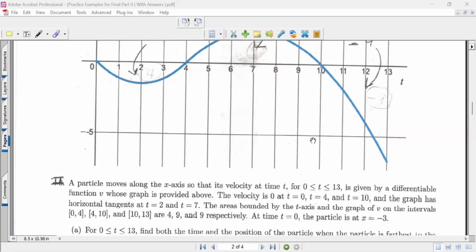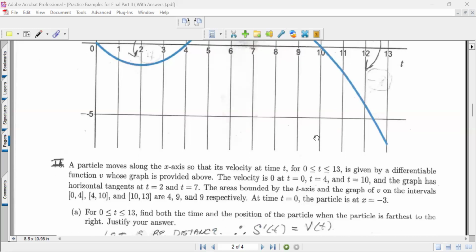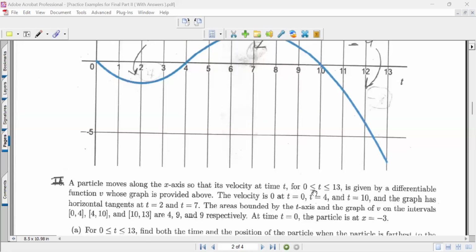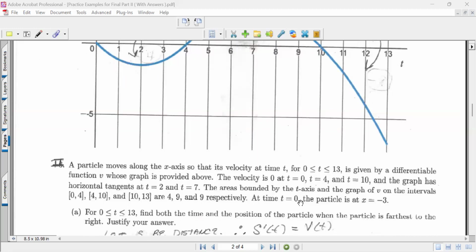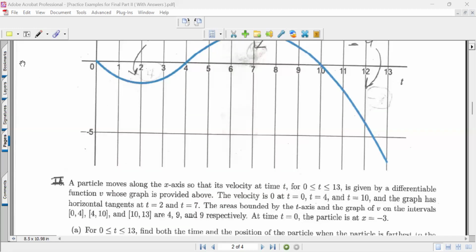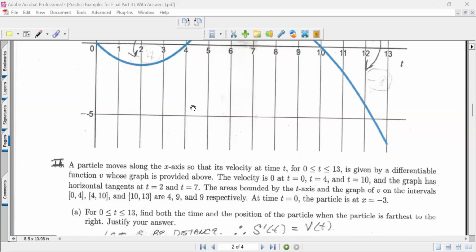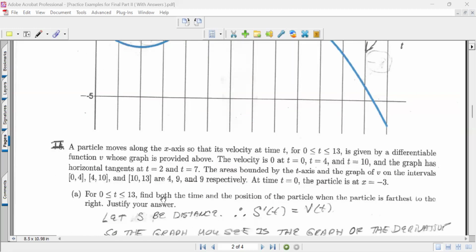We're also told that at time t equals 0, the particle is at x equals -3. This is a rather cumbersome problem. In other words, it's starting on the number line at -3, which is over here. And the question here is, find both the time and position of the particle when it is farthest to the right and explain your answer.